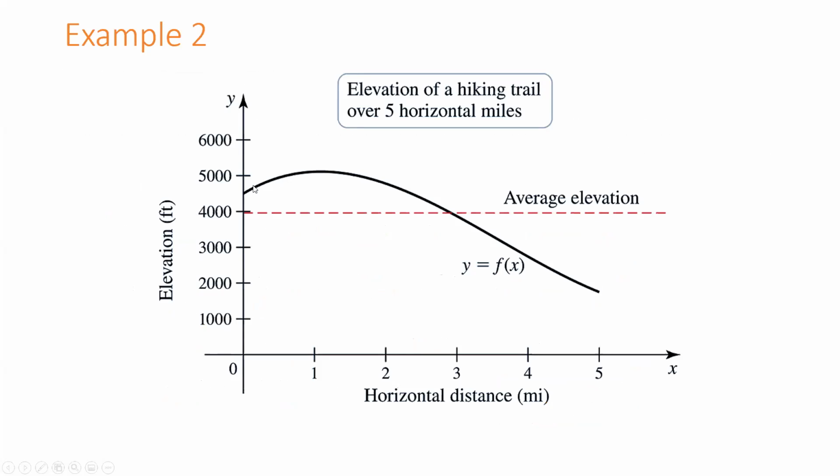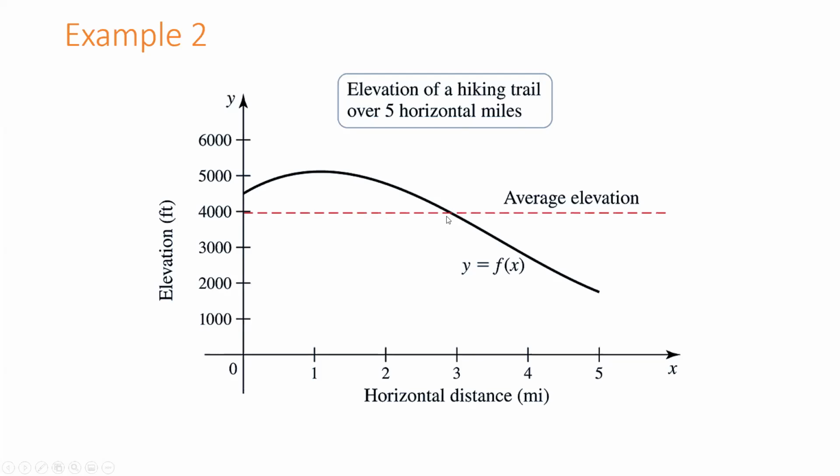But here the mean value theorem for integrals looks more like the picture we have, where our average value is this horizontal line, and it has to intersect the graph at a point.